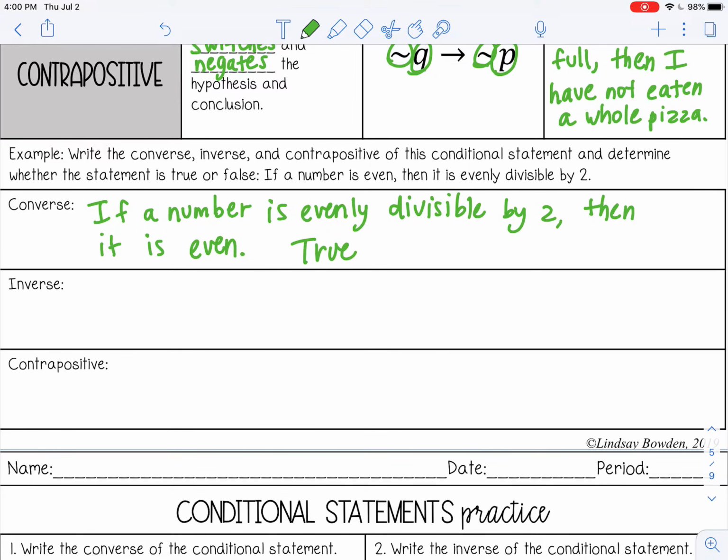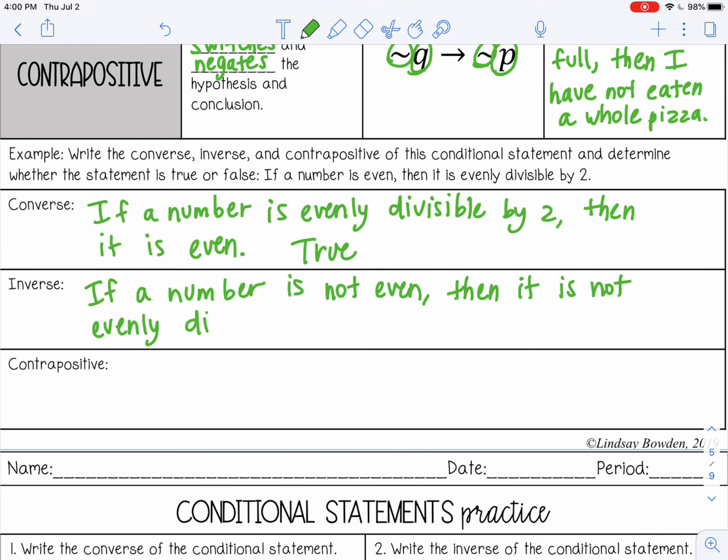For the inverse, if a number is not even, then it is not evenly divisible by 2. And that is true. Any odd number is going to have a remainder when you divide by 2.